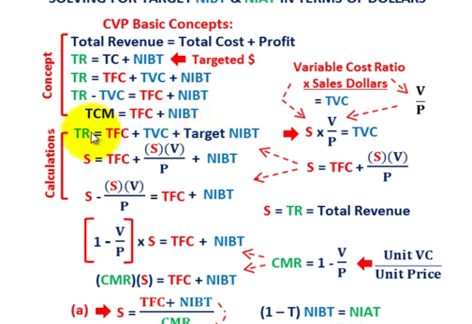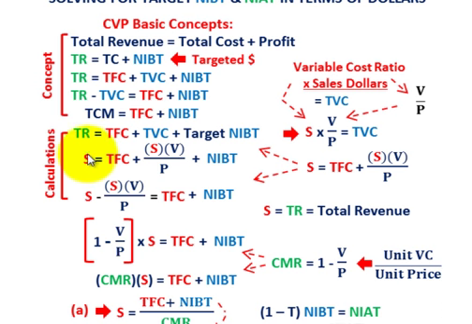Now for our calculations to solve these cost, volume, profit problems in terms of dollars, we'll take our general equation. Total revenues is going to equal our total fixed cost plus our total variable cost plus some targeted net income before taxes, what we came up with in our basic concept. Total revenues actually equals our sales dollars.